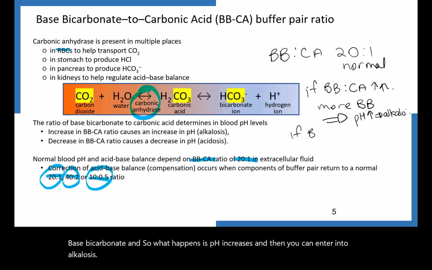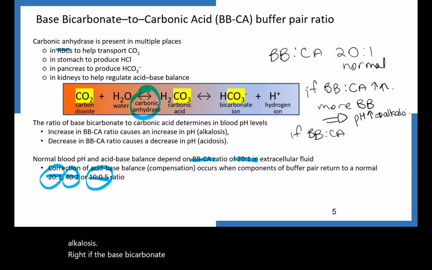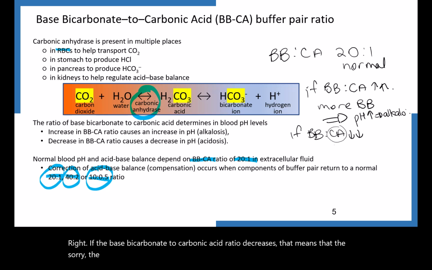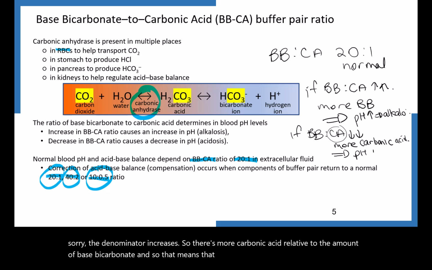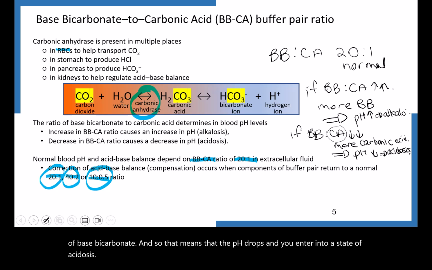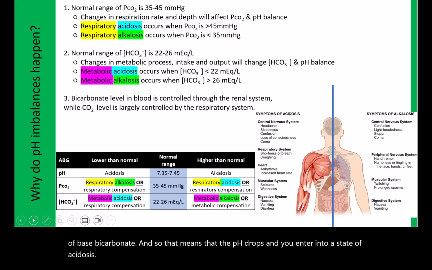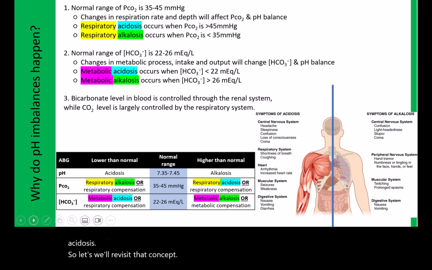If the ratio decreases, that means that the denominator increases, so there's more carbonic acid relative to the amounts of base bicarbonate. And so that means that the pH drops and you enter into a state of acidosis. So we'll revisit that concept towards the end of the lecture.